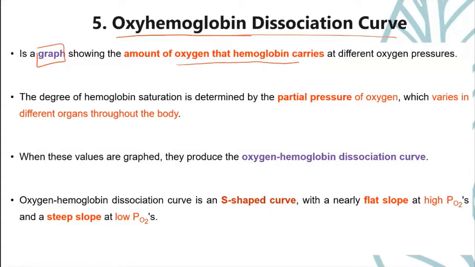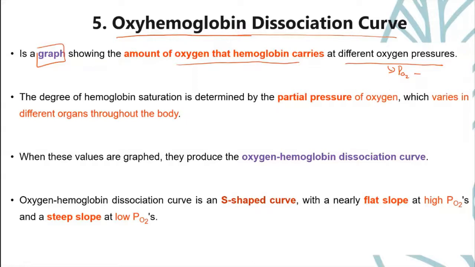So it shows the amount of oxygen that hemoglobin carries at different oxygen pressures. Different oxygen pressure is referring to the significant ones: the partial pressure of oxygen in the lungs, in the body tissues at rest, and also in body tissues during exercise. So this gives you the oxyhemoglobin dissociation curve.